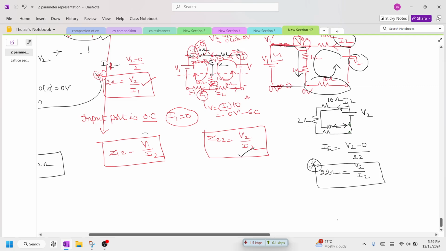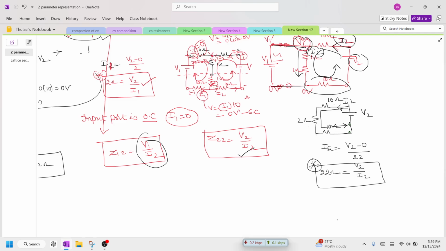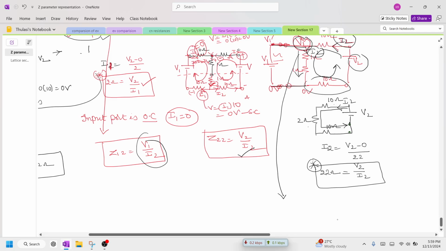But we need to find out the V1 by I2 ratio also. So from the same network, the current in this branch is how much? I2. The same current will be flowing in this branch. And why? Because this is forming a closed path. We require the relationship between V1 and I2. So here I'm going to write down the equation: I2 is the current flowing from this branch to 0 here.